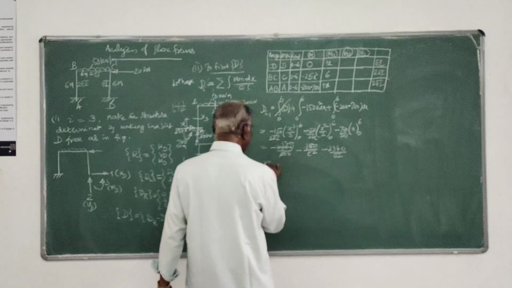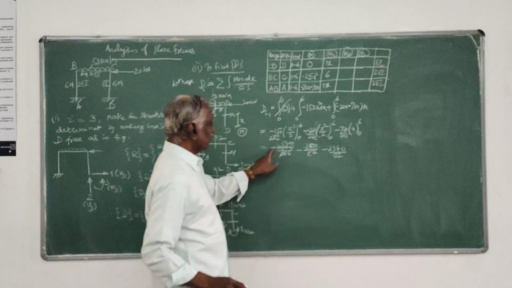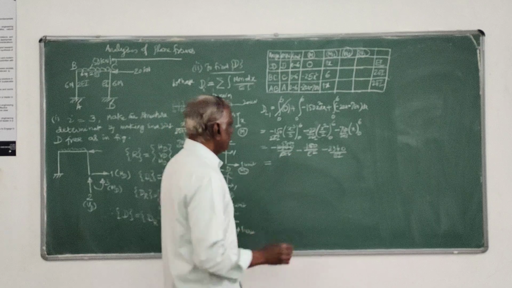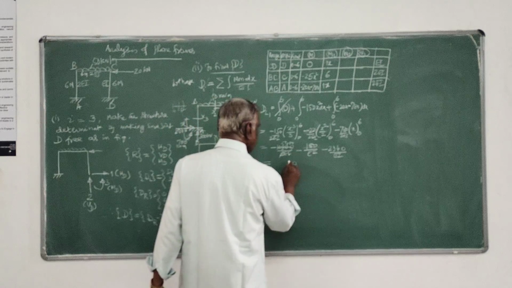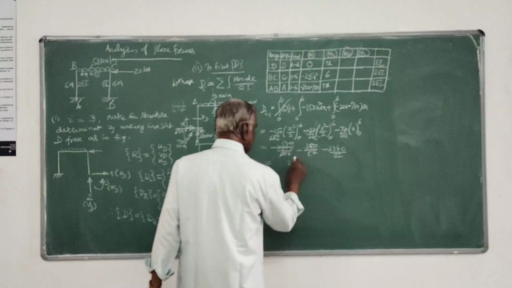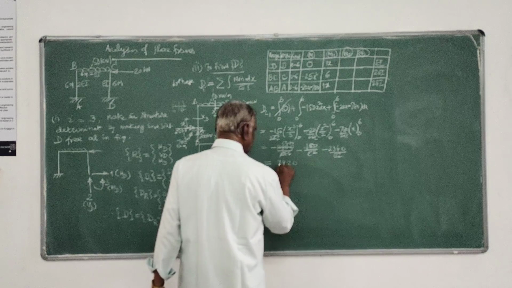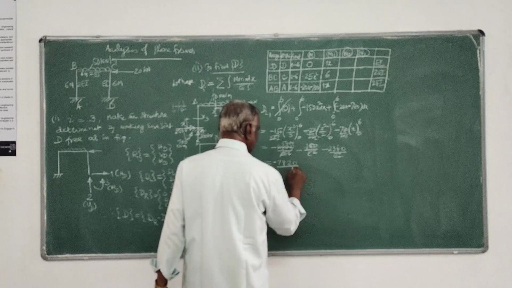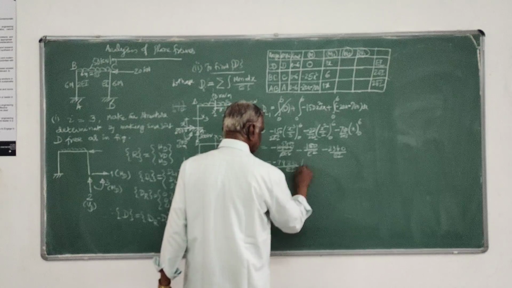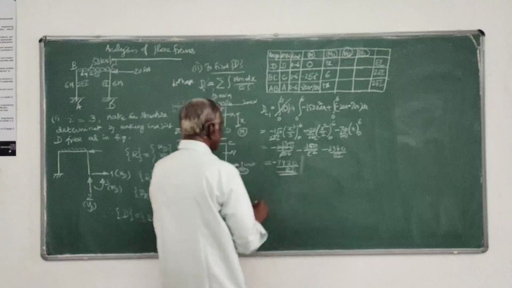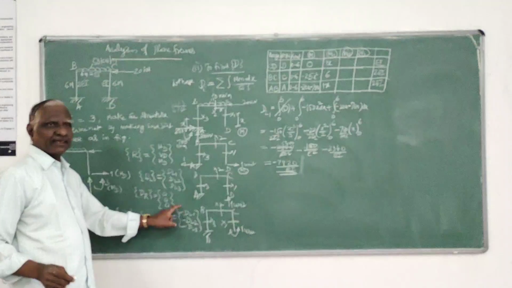That is your dl1. 5,400 minus 180 minus 2340. 7920. 7920 divided by EI. This is your dl1, whatever we need here.